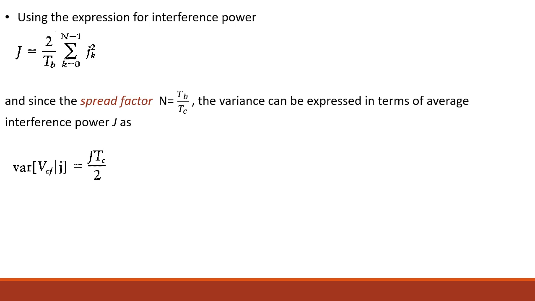We use these two expressions in the variance expression, and we arrive at the final expression of variance in terms of average interference power capital J: variance of Vcj given j will be equal to JTc by 2. Thus we can conclude that the random variable capital Vcj has 0 mean and variance JTc by 2, where J is the average interference power and Tc is the chip duration.